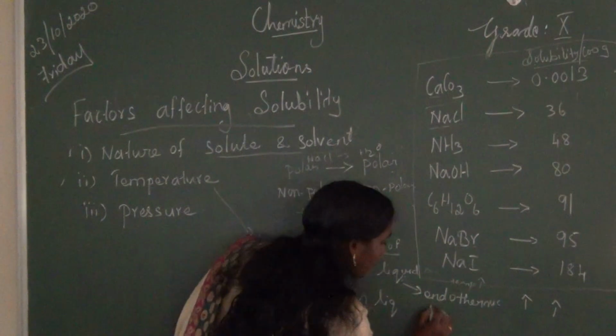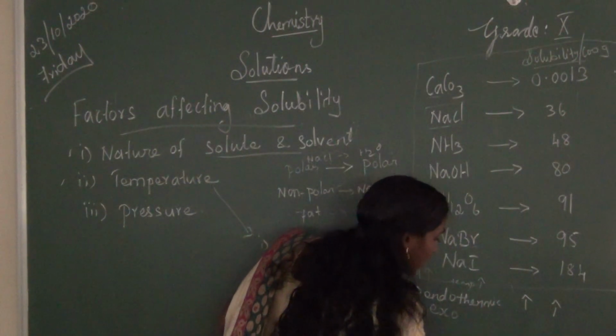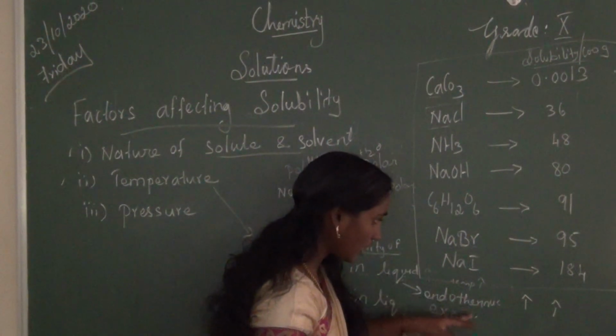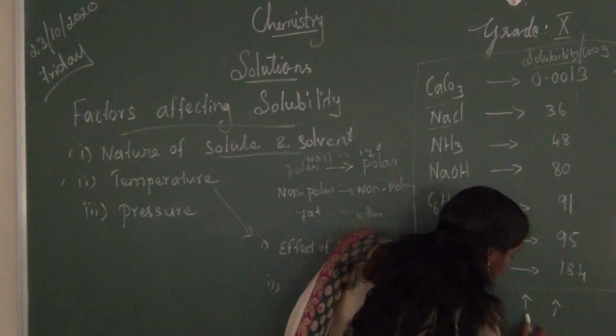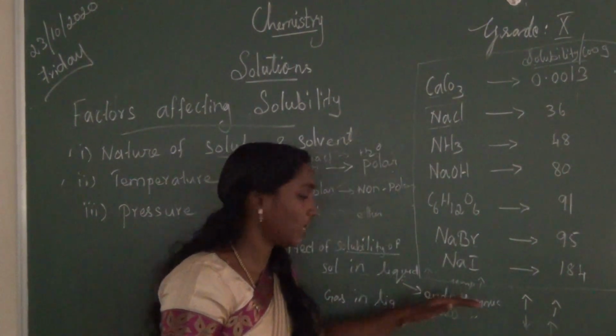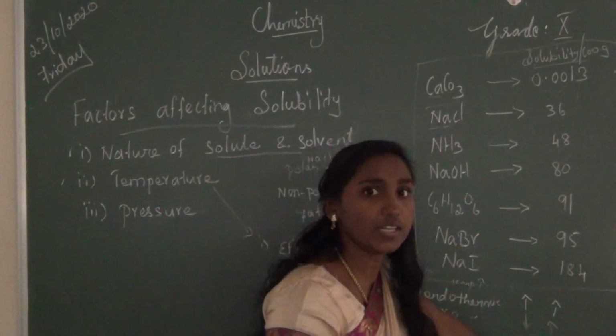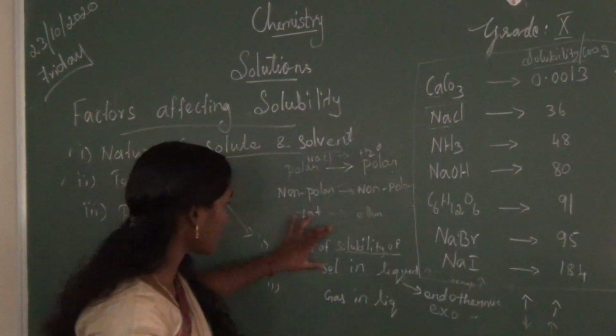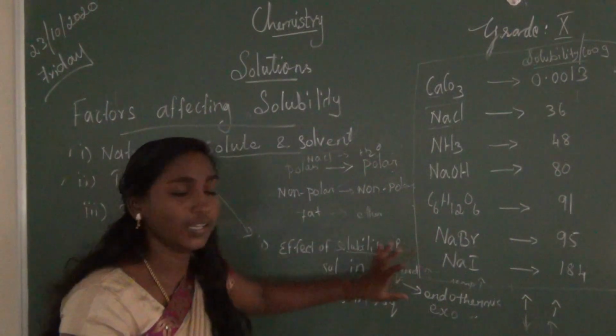In exothermic process, exothermic means liberation of heat, right? So in exothermic process, solubility decreases as temperature increases. This is solubility of solid in liquid.